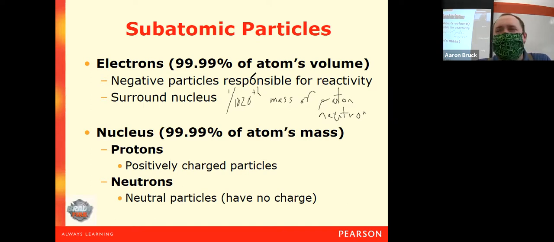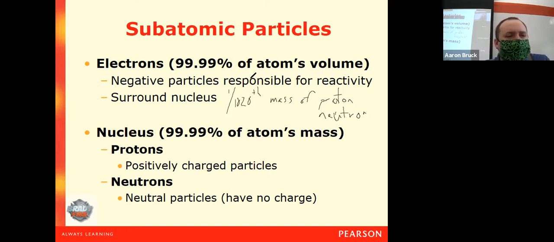So in terms of mass, electrons are almost 2,000 times smaller in mass compared to protons and neutrons. So any mass information that we get about an atom comes from the nucleus itself.